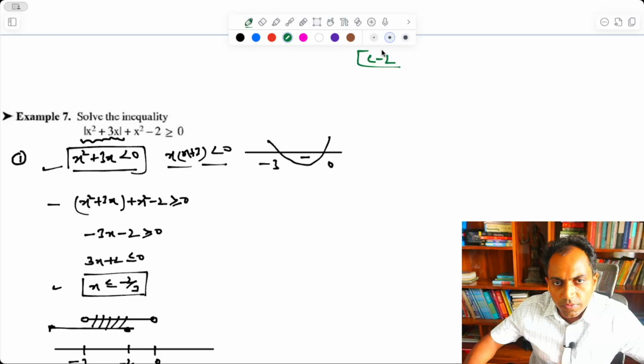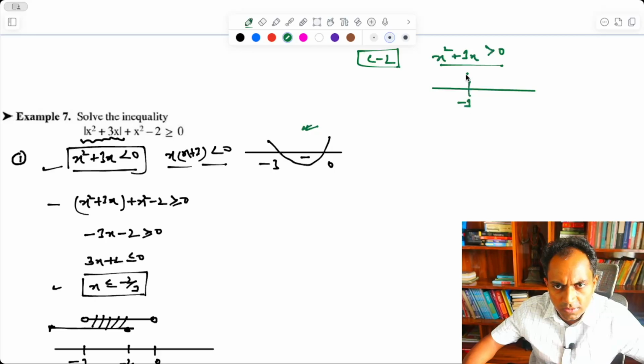In case 2, we will consider the other case, that is x square plus 3x greater than 0. Now you can again solve this, but we have already got it from here. If you solve this, your answer would be either smaller than or equal to minus 3, or greater than or equal to 0.